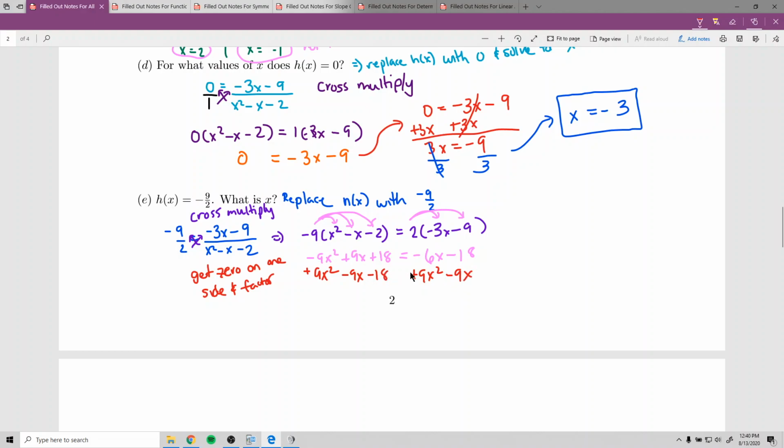And I'm going to subtract 18. So we've got 0 on the left, and on the right we got 9x squared minus 15x minus 36.